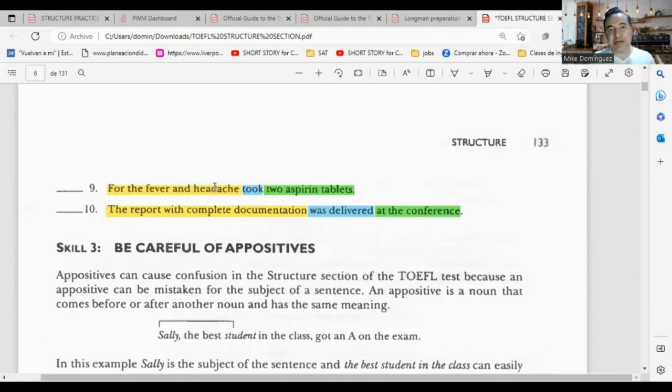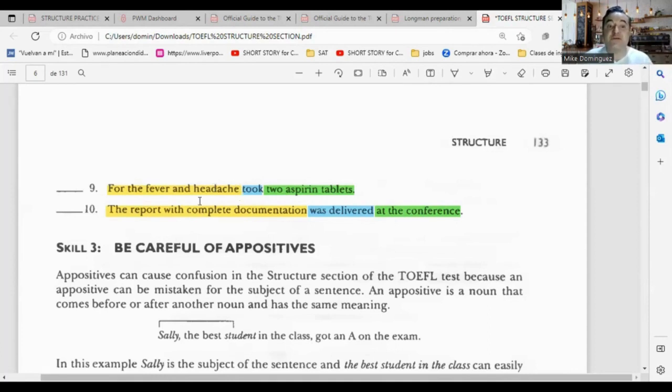So that's the way you should figure out whether that is a correct subject or not. If what you think is a subject can perform an action, that's probably right. But if not, that's not a subject. So here the subject is missing.